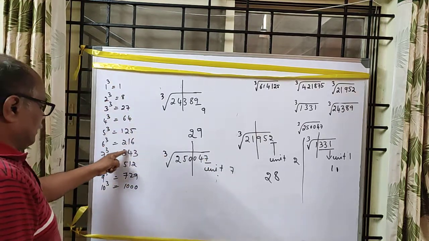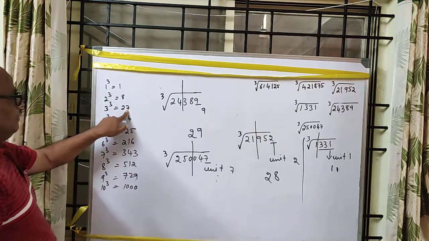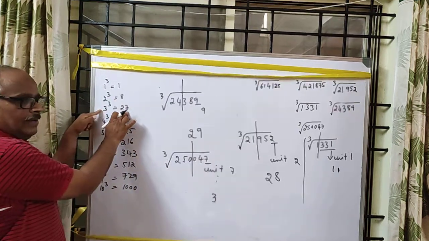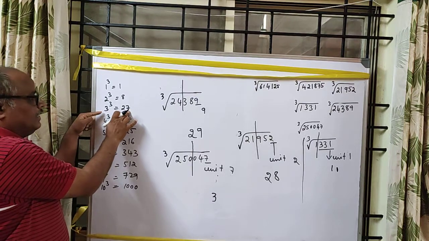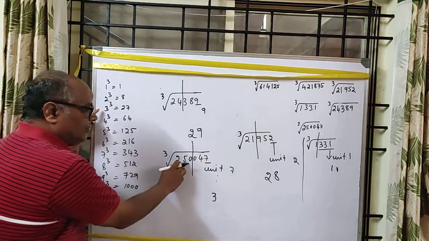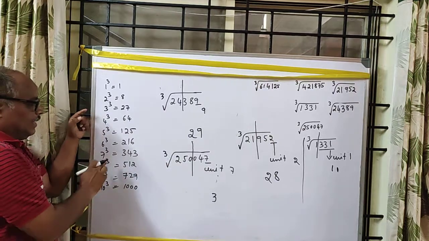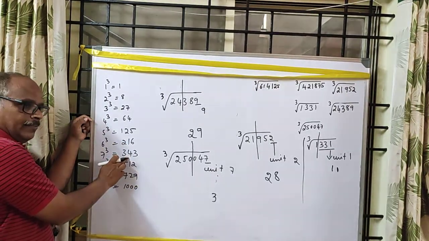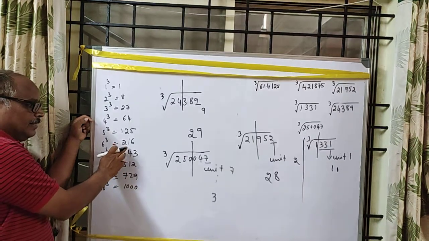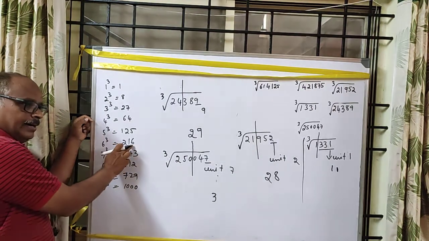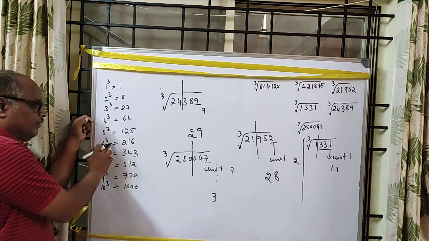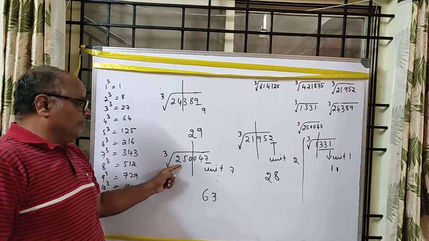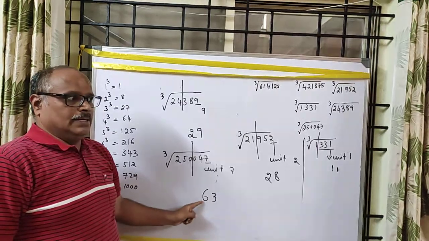Where is 7? You just go through this table. In 27, the unit place 7 is there. Its cube root is 3. In 250, it lies between 216 and 343. 216 is the least. Its cube root is 6. Therefore, the cube root of 250047 is 63.